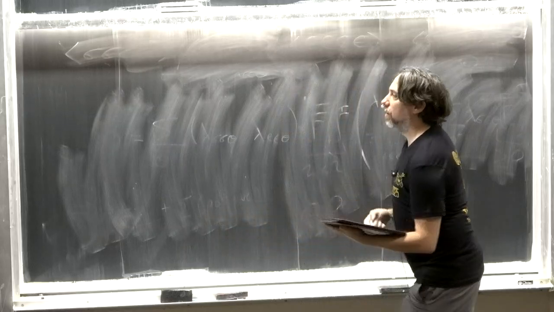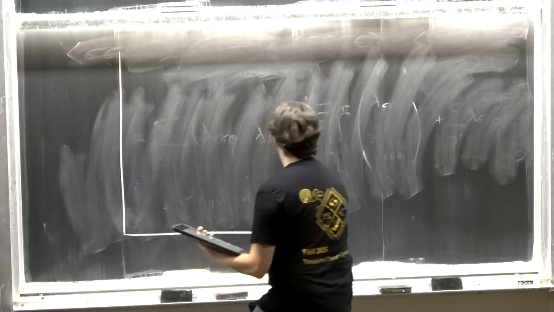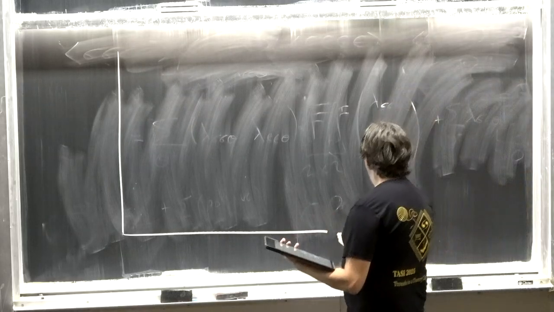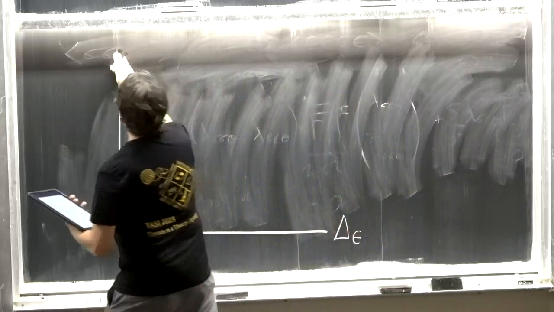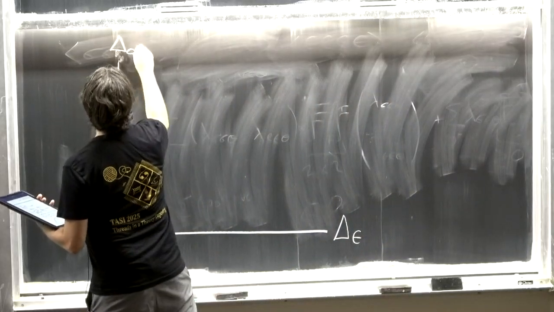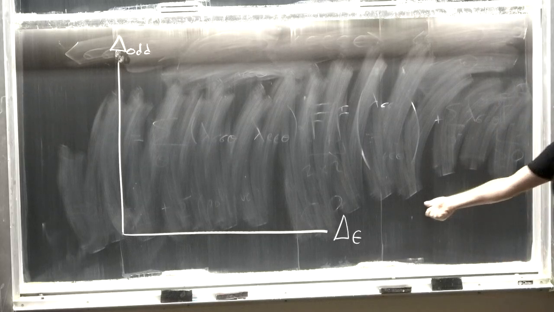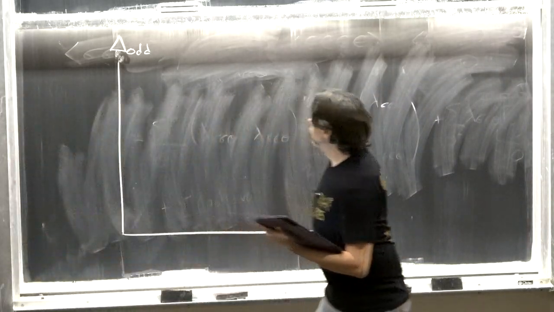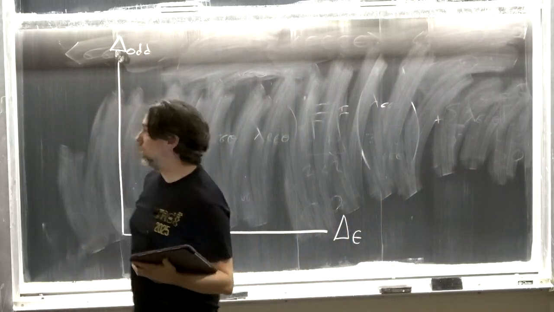All right, so what do you get? Let me draw you one of my favorite plots. Other lecturers had their favorite plots. This is one of mine. I'm going to draw the scaling dimension of the parity even scalar versus the scaling dimension of the parity odd scalar appearing in the TT OPE.